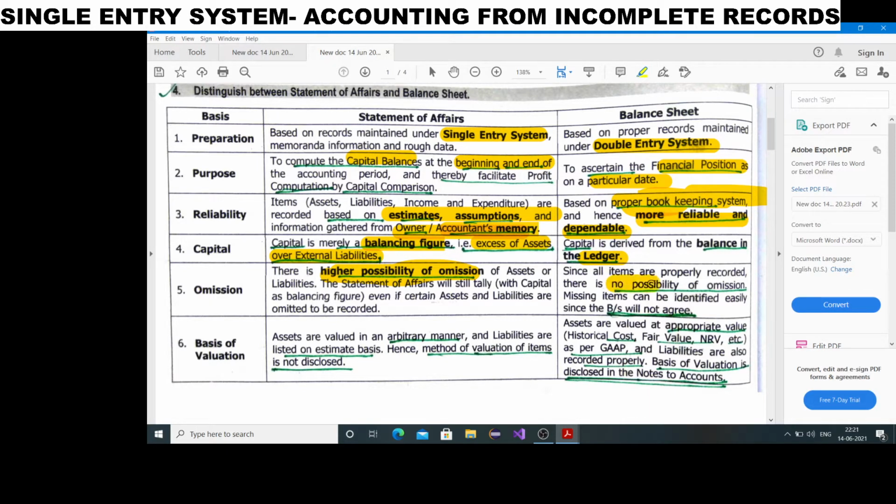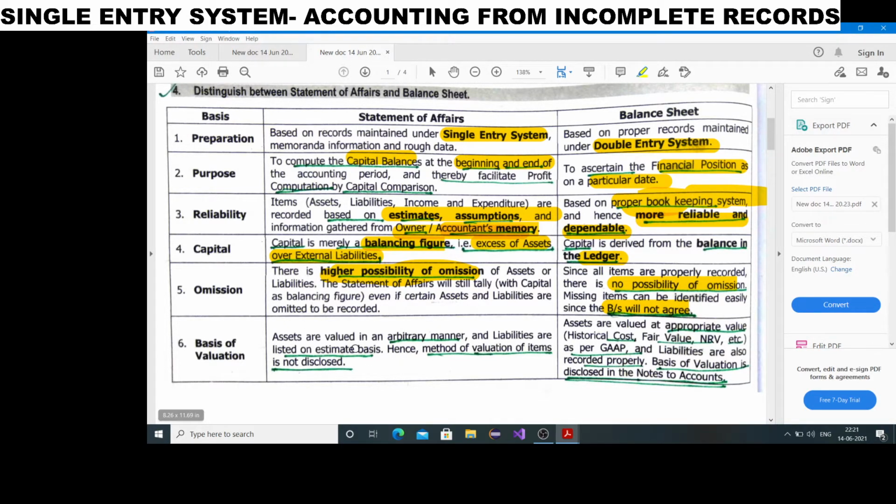But in the balance sheet there is no possibility of omission, because the balance sheet will not agree. If you omit a transaction anywhere, for example, you have recorded in journal but not in ledger accounts, or recorded in ledger but not in trial balance, then the balance sheet will not agree, right?